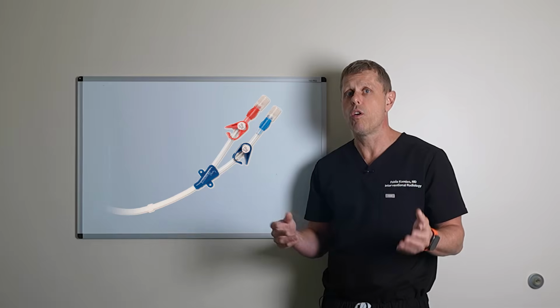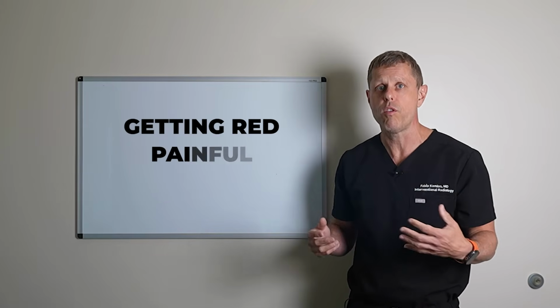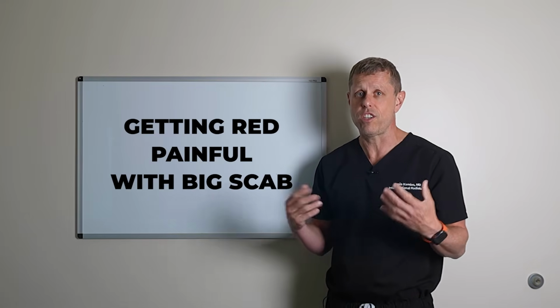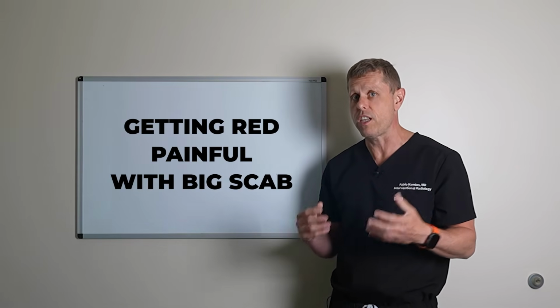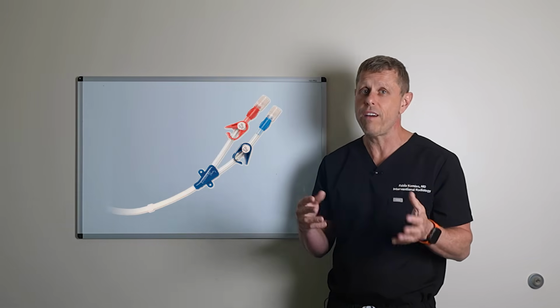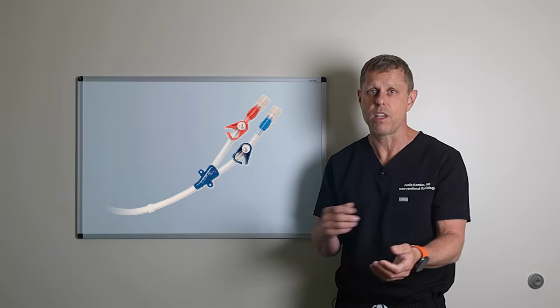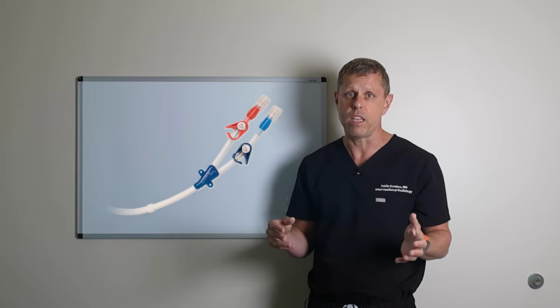The way you would know is you would see that your graft is getting red and sometimes painful, or sometimes you have a big scab over it, which is actually dangerous because if you have an ulcer and a scab, they could potentially also bleed. So if you have any of those, you should get it checked because something may need to be done. Sometimes the graft may need to be revised, or a new graft may need to be placed.